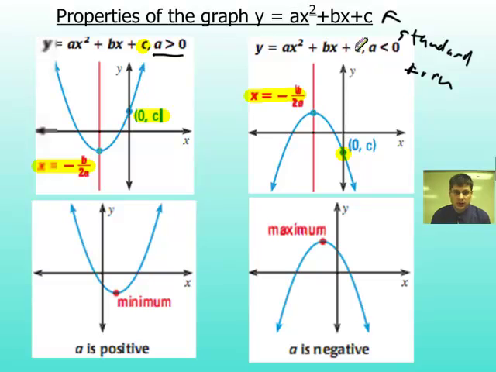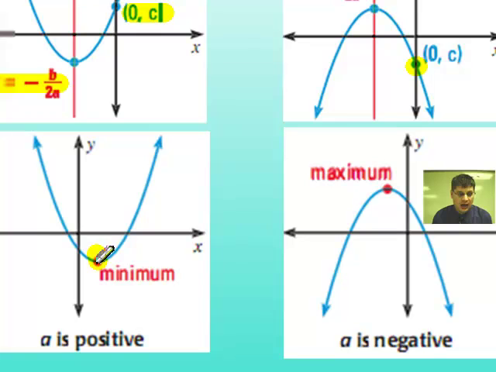And this opens down because our a value is less than 0, a negative number. Now, if it opens up, the vertex is regarded as a minimum, and this is when a is positive. If it opens down, our vertex is regarded as a maximum, and this is the case when a is negative. So you'll be asked to identify from an equation what type of vertex it is. Is it a minimum or is it a maximum?